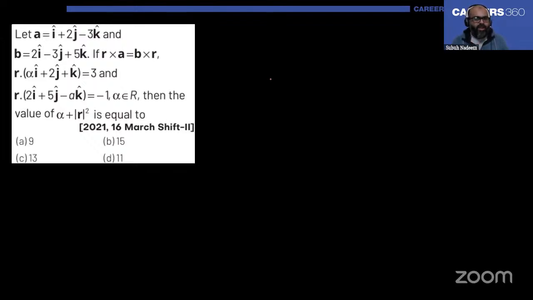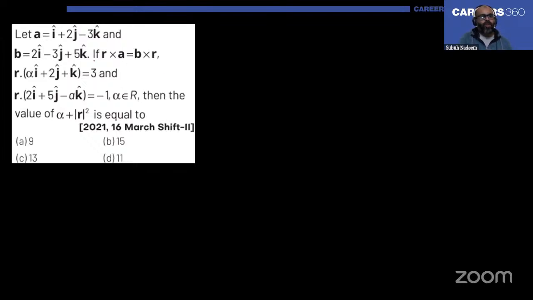If R cross A is equal to B cross R, and R dot alpha I cap plus 2j cap plus k cap is equal to 3, and R dot 2I plus 5j minus alpha k cap is equal to minus 1, alpha belonging to real number, then the value of alpha plus mod R square.